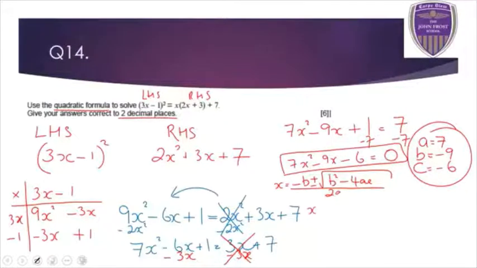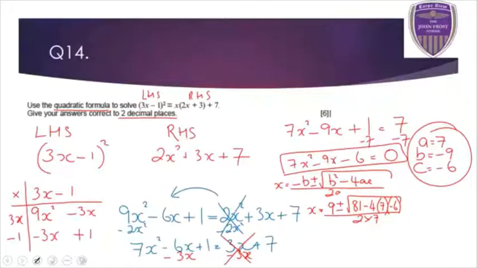So let's put in what we've got. Minus b is minus minus 9, which is plus 9, plus or minus the square root of b squared, minus 9 squared is 81, minus 4 times a, which is 7, and c is minus 6, all over 2a, which is 2 times 7.